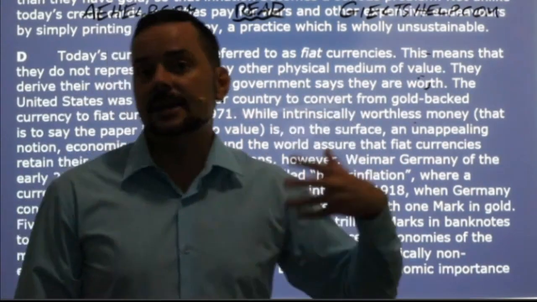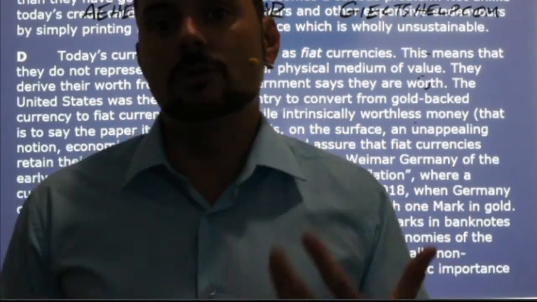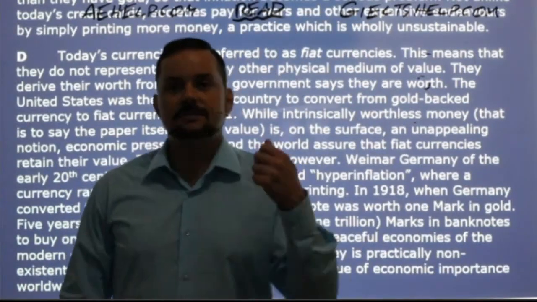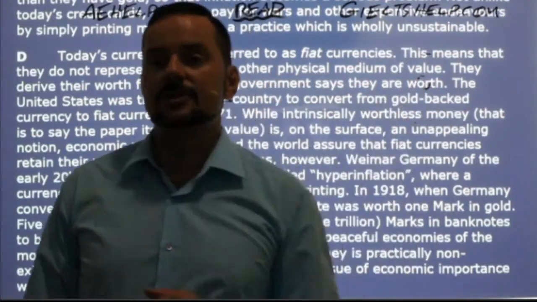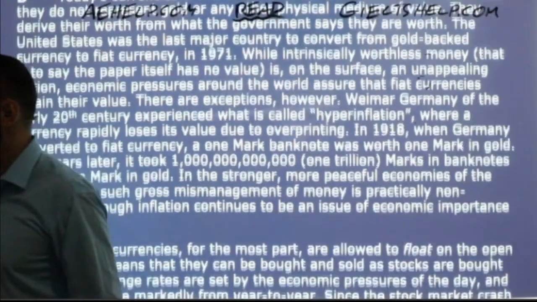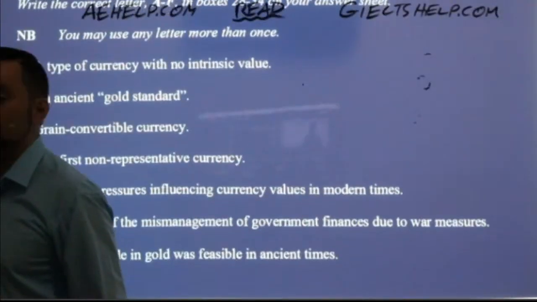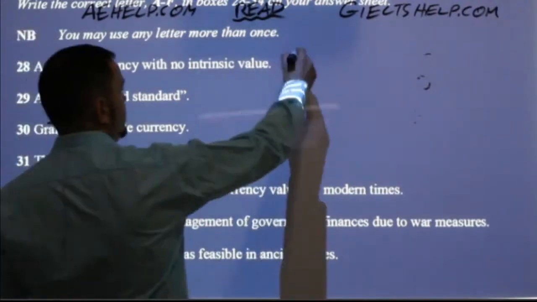Fiat currency does not have any true physical value on its own other than what we say it is. It's $5 because we say it's $5. Otherwise, there's nothing really behind it. It's just a piece of paper. So don't overthink it and always ask that what, why, how question. The correct answer is definitely D here.